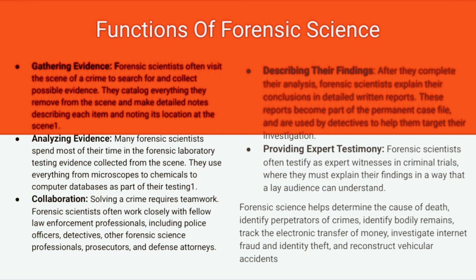Forensic science helps determine the cause of death, identify perpetrators of crimes, identify bodily remains, track the electronic transfer of money, investigate internet fraud and identity theft, and reconstruct vehicular accidents.